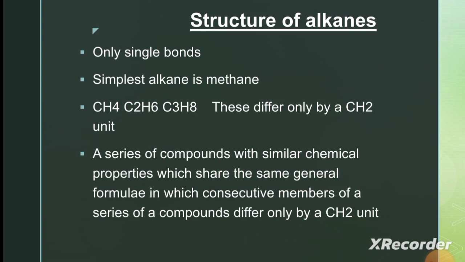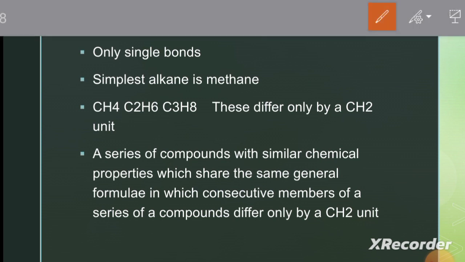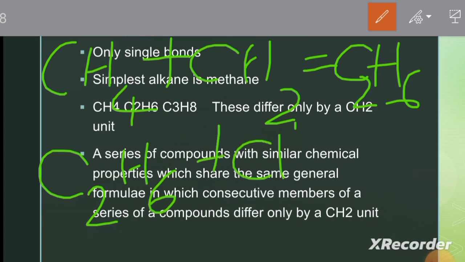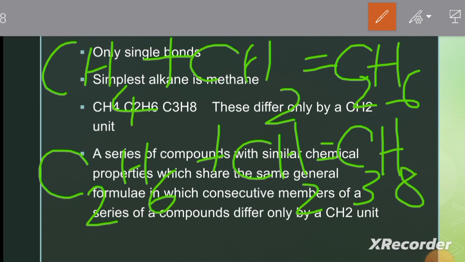These differ only by a CH2 unit. That means we'll see that CH4 plus CH2 is equal to C2H6. C2H6 plus CH2 equals C3H8. So here you can see these alkanes differ only by a CH2 unit, right?